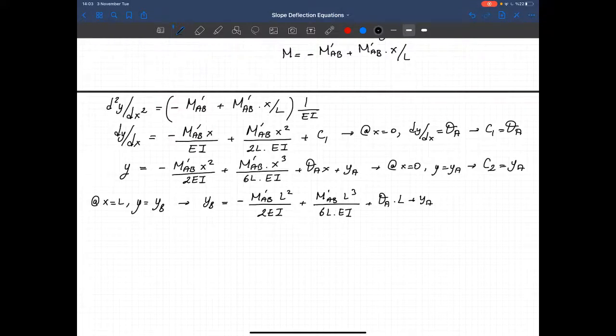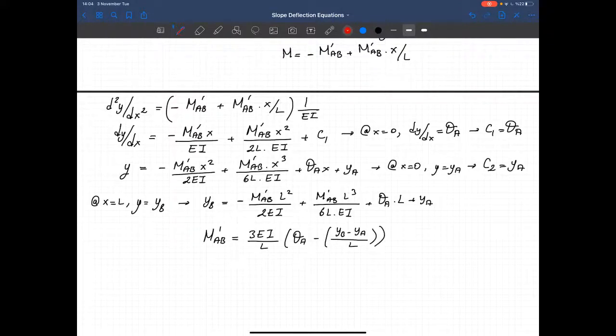And if I simplify that equation, I obtain the following. MAB prime is equal to 3EI over L theta A minus YB minus YA divided by L.